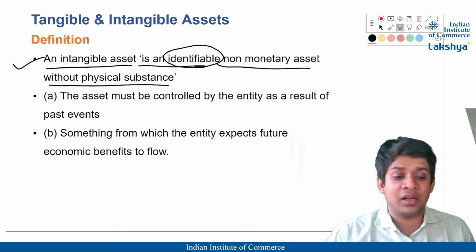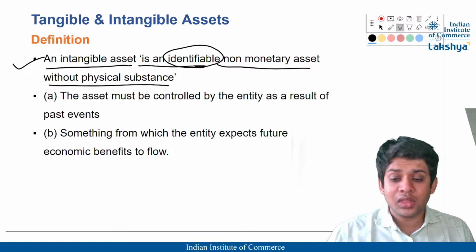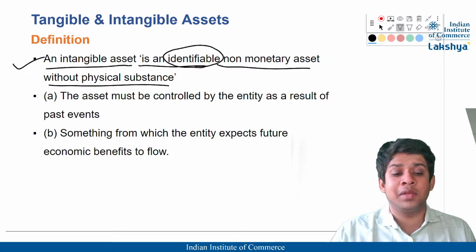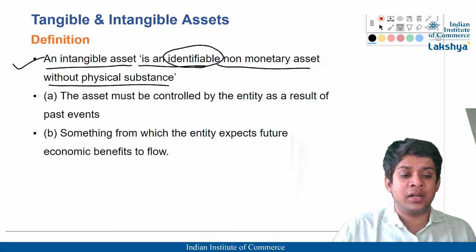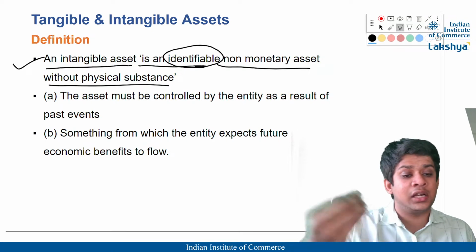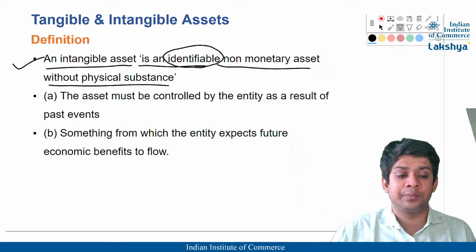That means it can be separately sold or it can be separated from the business as a whole, right? That means technically identifiable means maybe I've purchased a license, maybe I've purchased a patent. Okay, I have a patent with me. If I want to, I can purchase it separately from the business. If I want to, I can sell it off separately from the business. That means that patent is identified.